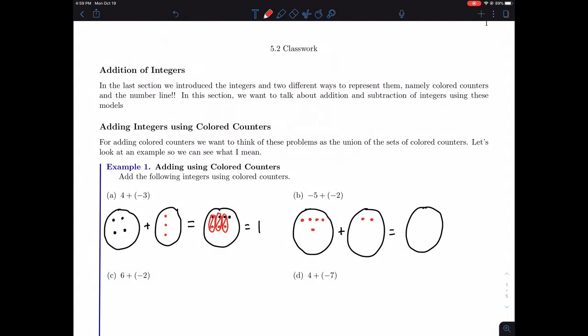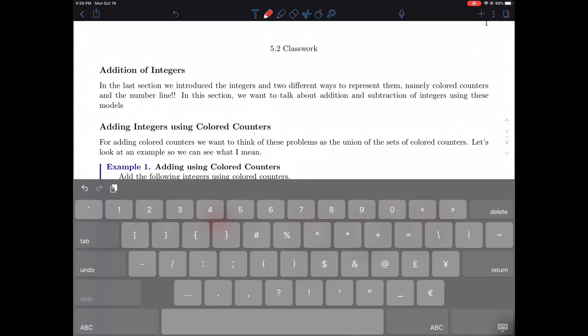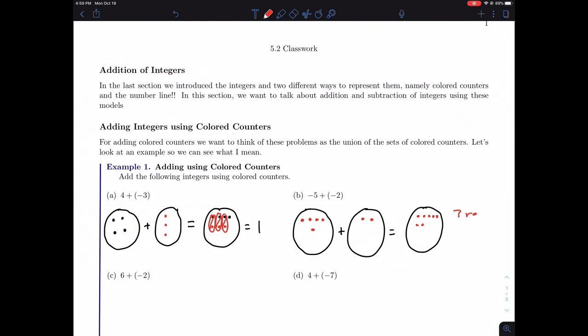So let me bring my first 5 over, and then bring the other 2 over. Now in this case, notice there's no black dots anywhere, so there's no blacks and reds to cancel out. All we have left over is just reds. If I count, I've got 1, 2, 3, 4, 5, 6, 7. So 7 reds, which is the same thing as the number negative 7 in this case.